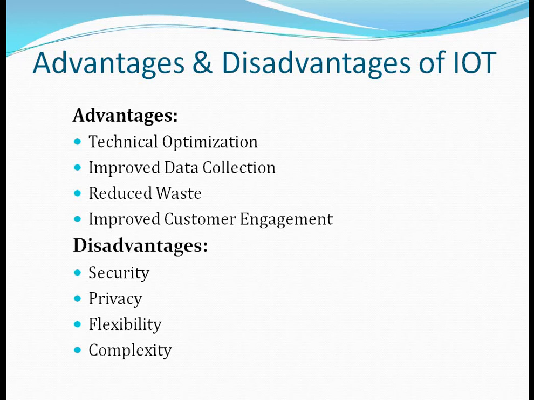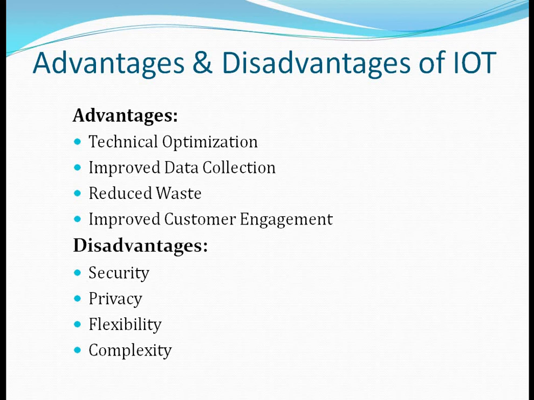Next one is flexibility. It is mainly regarding the integration with another system, as there are many systems involved in this process. Here the sensor devices are included, the cloud is included, and some user interface systems are included.